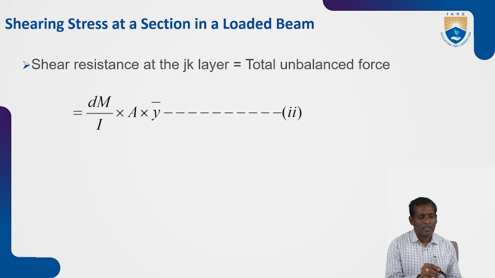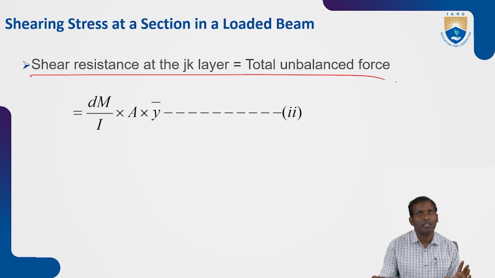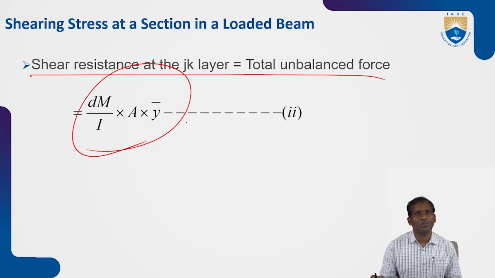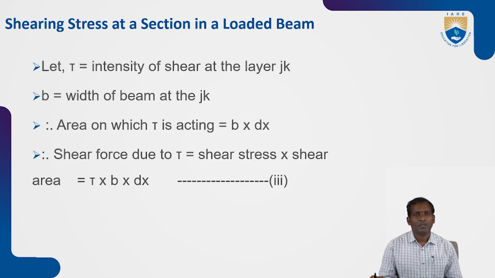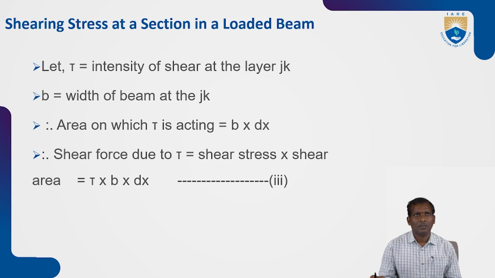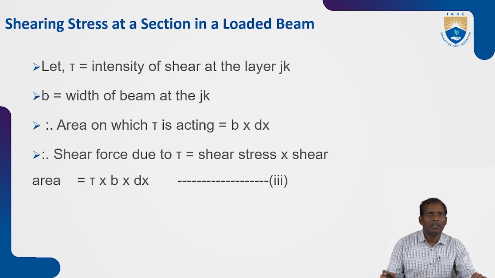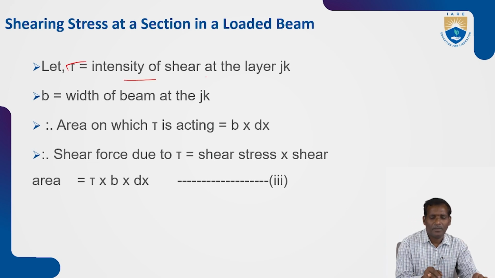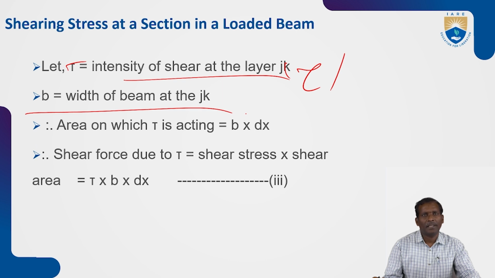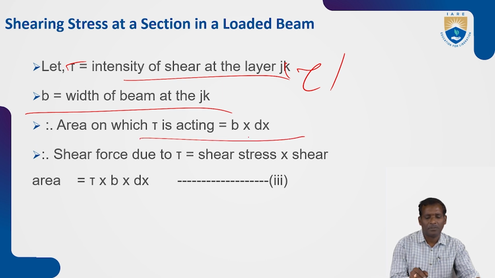So here, write down the equation. Shear resistance at the JK layer is equal to the total unbalanced force. We have already written dM by I into A into y bar. Now let tau be the intensity of shear stress at the JK, b the width of the beam at JK, and the area on which tau is acting is b into dx.